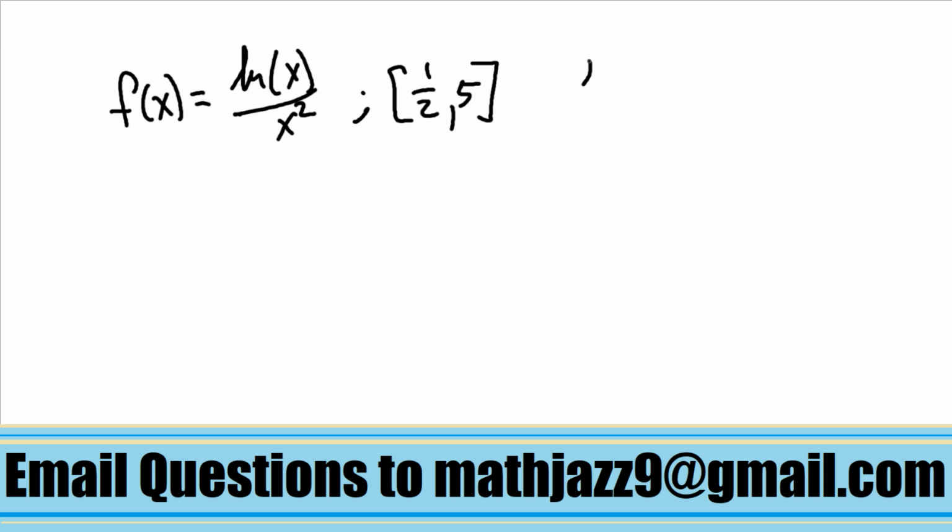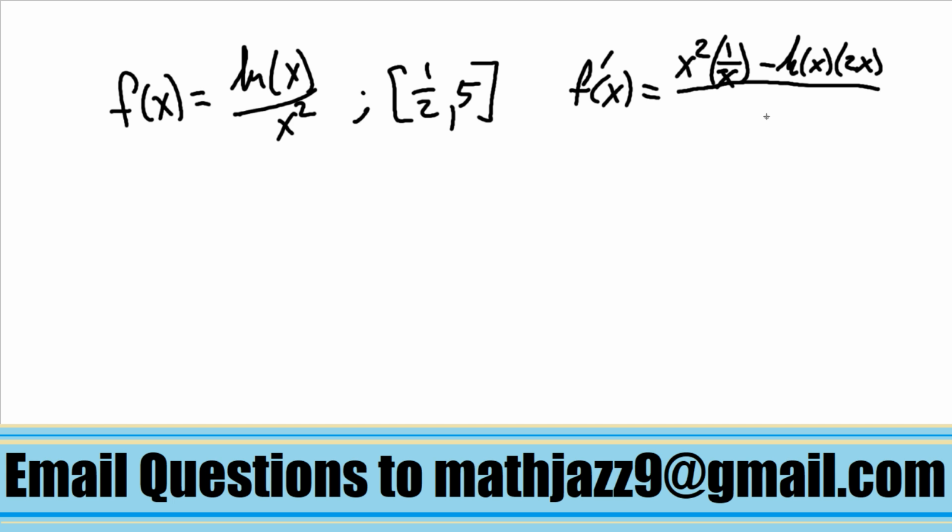So the derivative, f prime of x, is equal to the denominator times the derivative of the numerator minus the numerator times the derivative of the denominator, all over the square of the denominator.